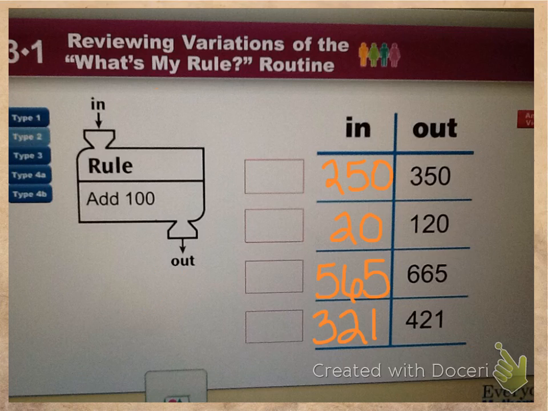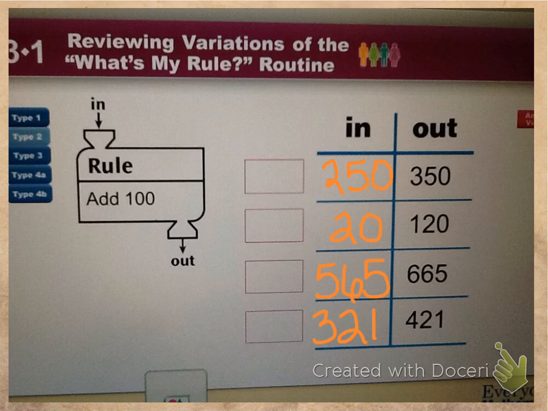Okay, so as we look down at the third spot, we've got 665 coming out. If we subtract 100, that means we started with 565. And then we check ourselves by adding 100 to 565, and we do get 665, so that one is correct.